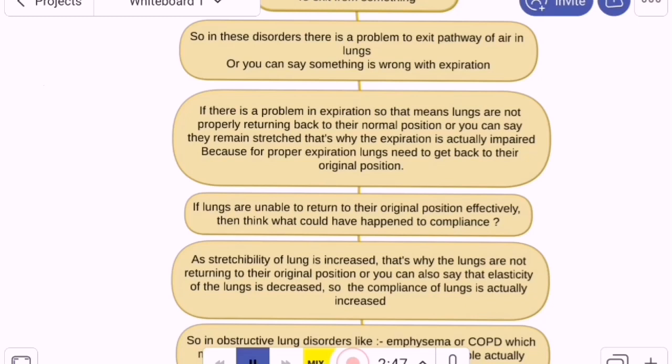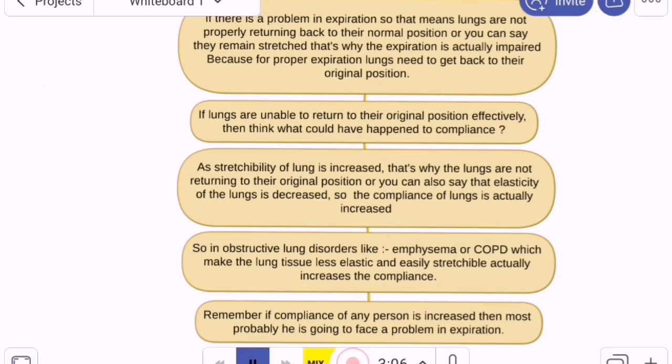Think, it is so simple. As the stretchability of the lungs is increased, the lungs are not returning to their original position. Or you can say that the elasticity of the lungs is decreased. Okay. So in the obstructive type of lung disorders, the elasticity of the lungs is decreased.